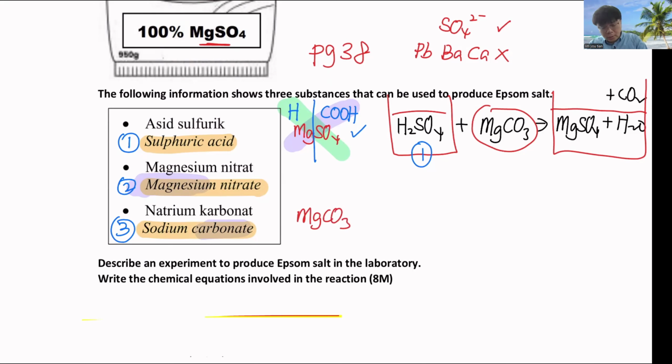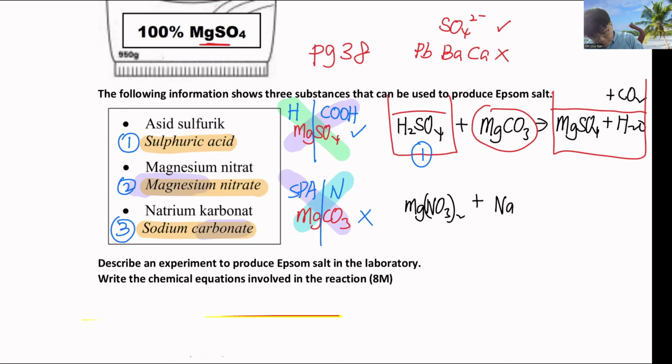You know magnesium carbonate is insoluble, because carbonates are insoluble. So you need to pair it with a soluble salt. The first one, magnesium nitrate, and on the other side, sodium carbonate.